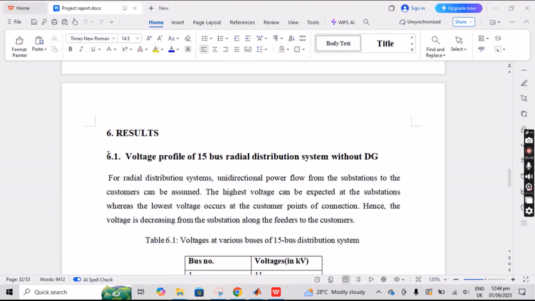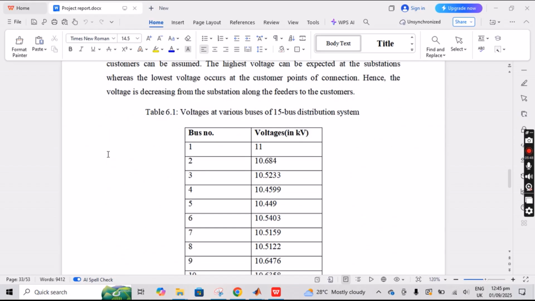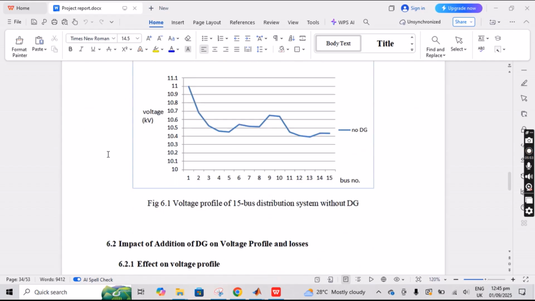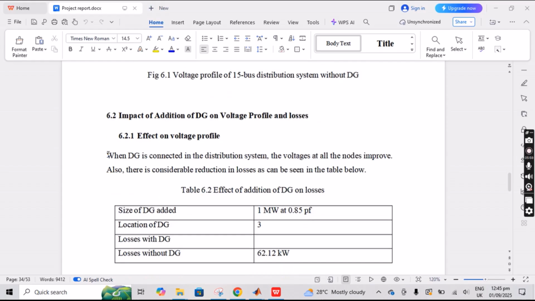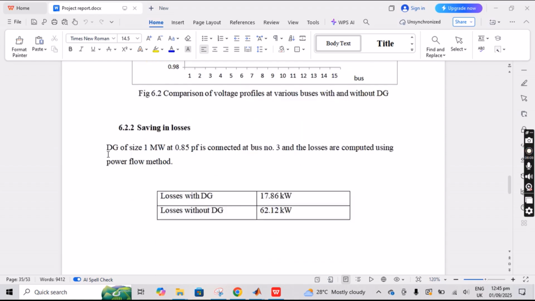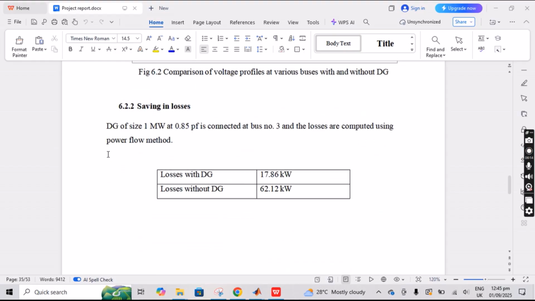The results are based on the voltage profile for the 15 bus radial distribution system. Without distribution generation, these are the tables used for the different voltage profiles, and the graphs are displayed here as well. These are the comparisons of voltage profiles at various buses with and without DGs. The saving of power loss: the power loss with DG is 17.86 kilowatt and without DG is 62.12 kilowatt.